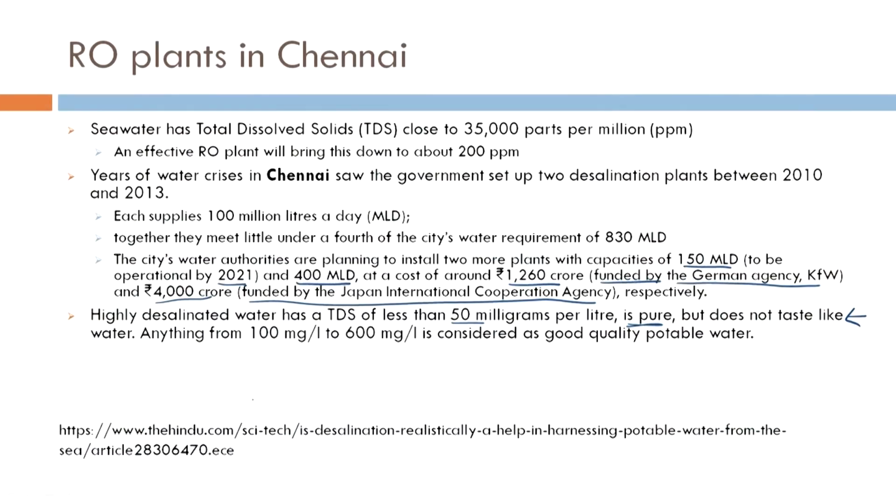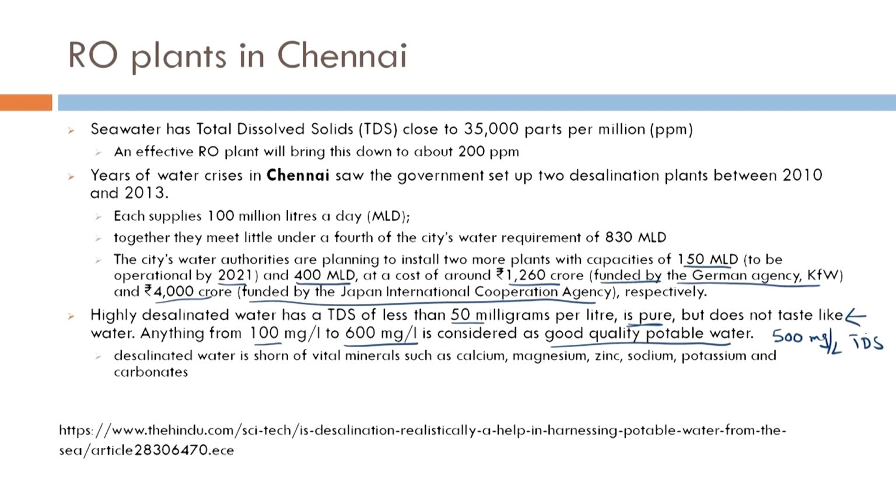So it does not taste like water. As we discussed earlier, anything 100 to 600 milligrams per liter is considered good quality water, and BIS standards for drinking water set it at 500 milligrams per liter for TDS, but 100 to 600 is very much acceptable.